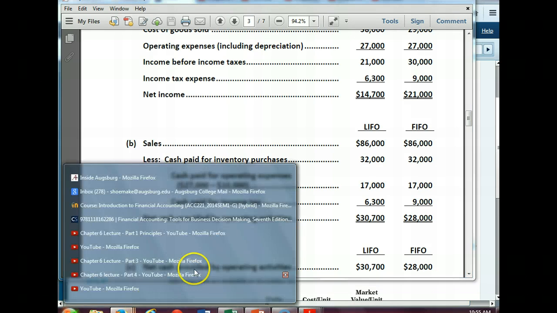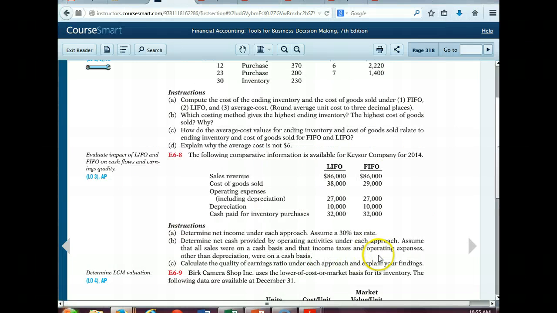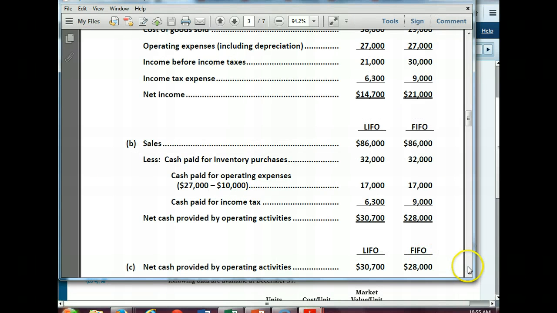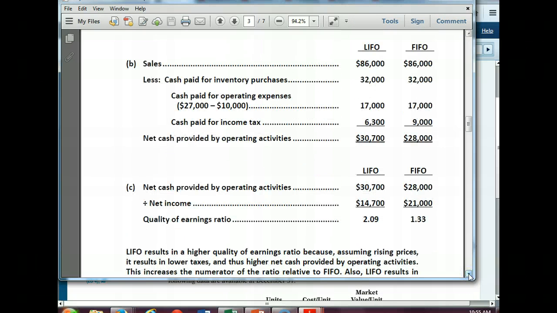The next then asks us to calculate the quality of earnings ratio under each approach. If we deal with the quality of earnings ratio, we're showing the cash from each method divided by the net income from each method.